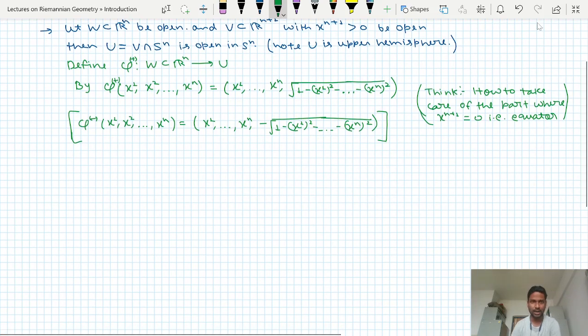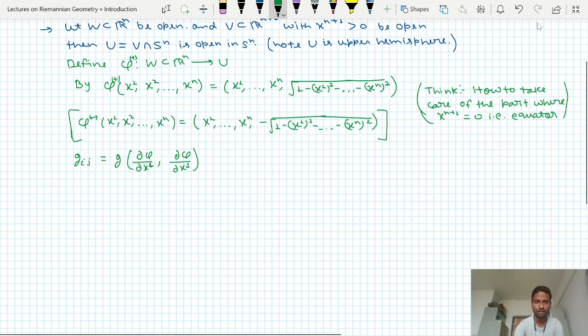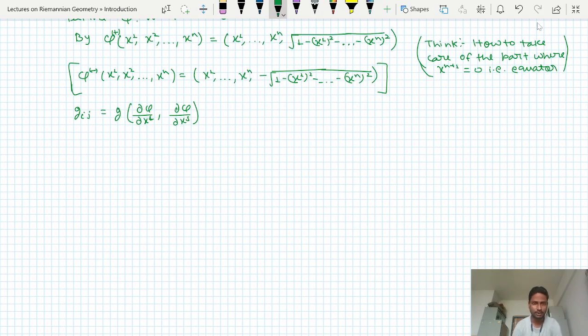Okay, so I have the parameterization and I will work with the parameterization of the upper hemisphere. So now I just need to find these g_ij. What are these? g of del phi over del xi and del phi over del xj. And I have told you how you calculate these g_ij, by doing the dot product of the basis vectors.